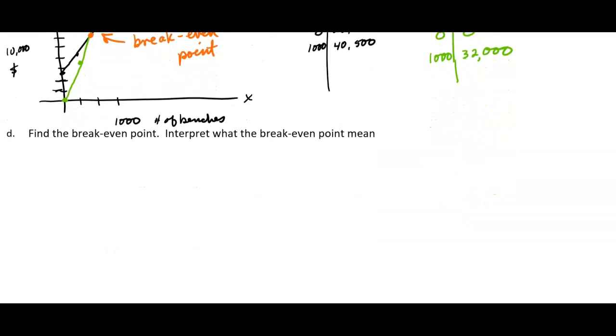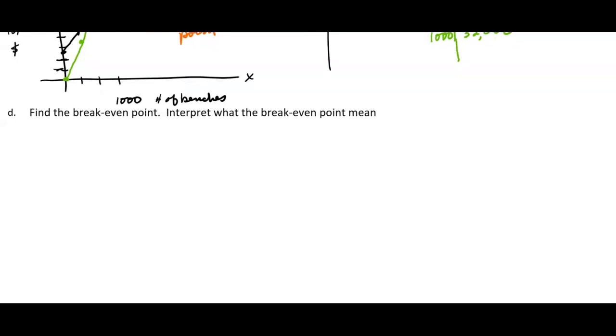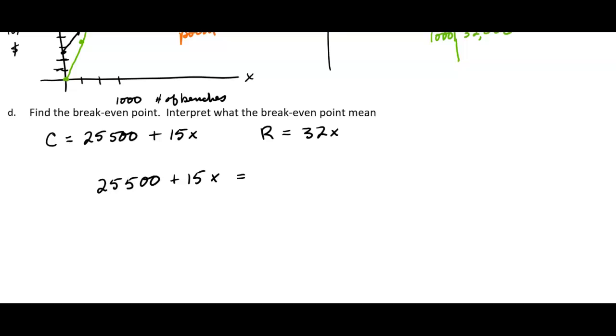Now it says find the break-even point, interpret what that means. So now we're going to take our cost function, which was 25,500 plus 15x, and then our revenue function, which was 32x. To find the break-even point, we set those equal to each other. So 25,500 plus 15x has to equal 32x. All right, so this is an equation we can solve.